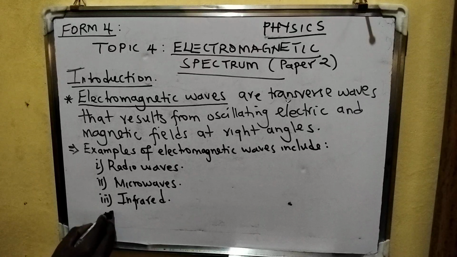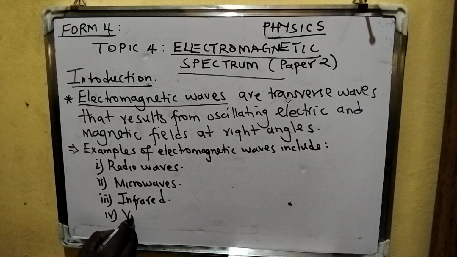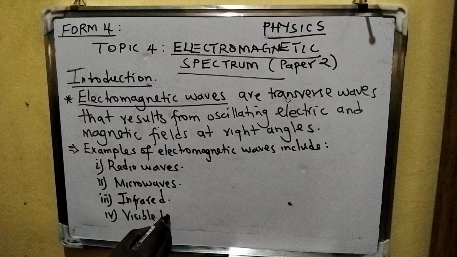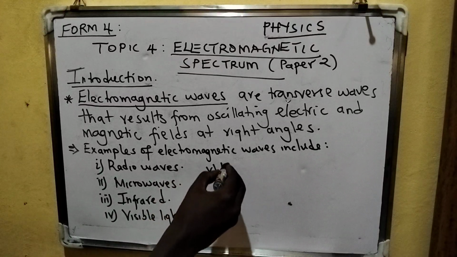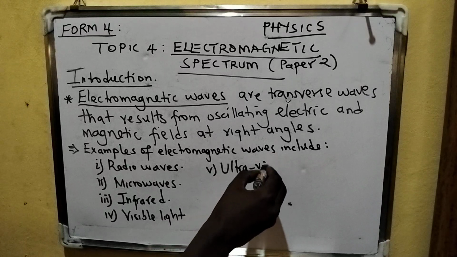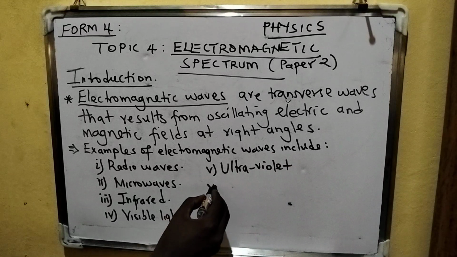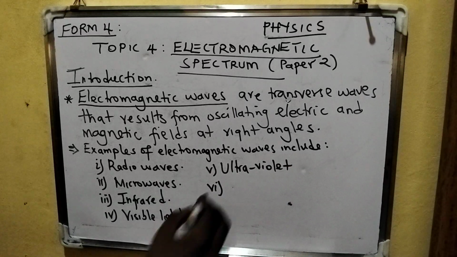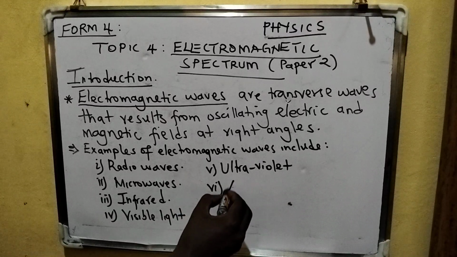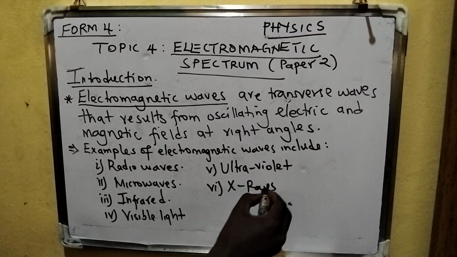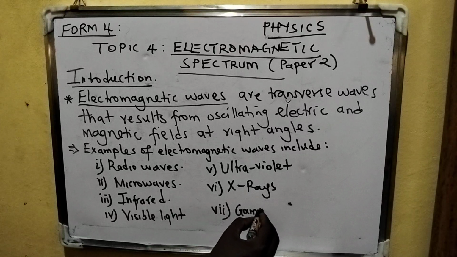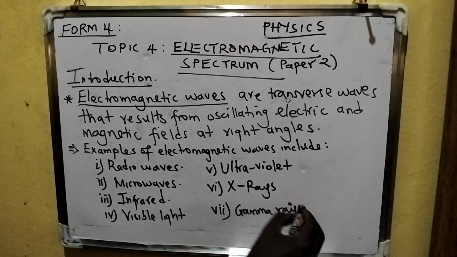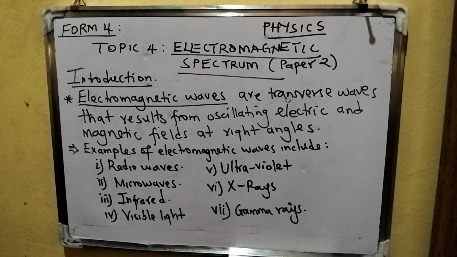Number 4, visible light. Number 5, ultraviolet radiation. Number 6, X-rays. And finally, number 7, gamma rays. So those are the 7 examples of electromagnetic waves.